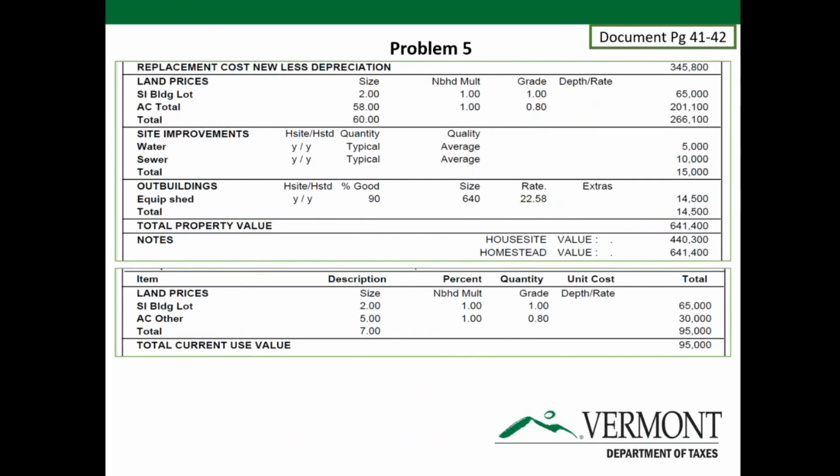All right. So again, we have the snip of the cost report that you have there in front of you, as well as the current use calculator from the NEMRIC Microsoft product. And we have 7 excluded acres. So again, we're using that calculator in determining the value of 2 acres at 1.0 is 65,000.